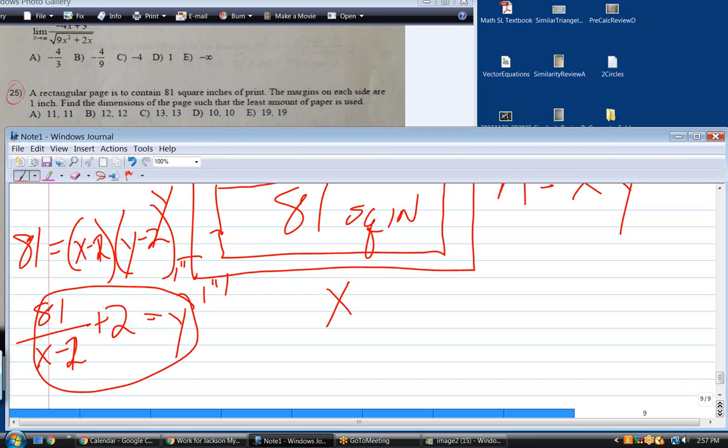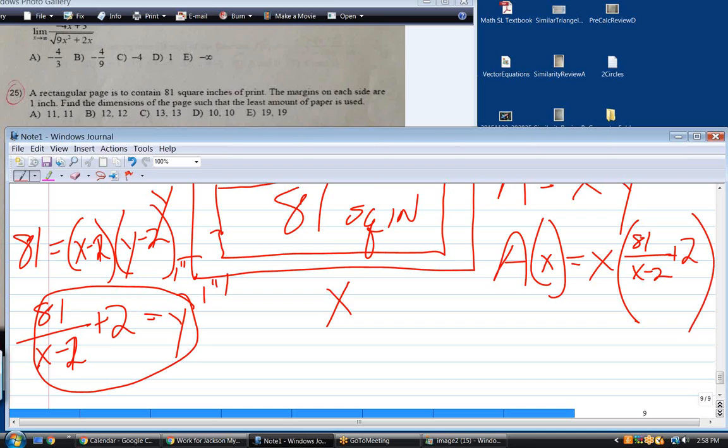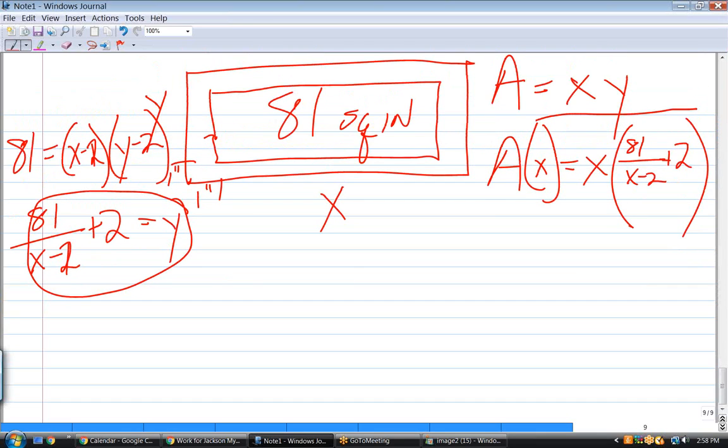Okay. So now I go to my area function, the function that I'm trying to minimize, and I'm going to make that area function a function of x. Well, it's x times y, only now y is 81 over x minus 2, plus 2. That's my new y. So here's the function I want to minimize: the area of this sheet of paper.